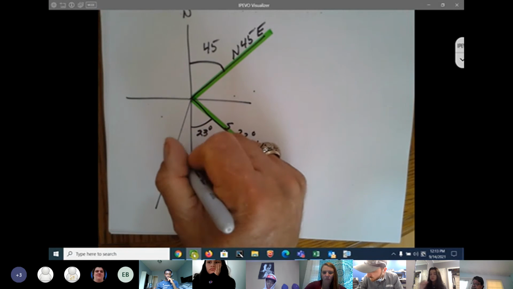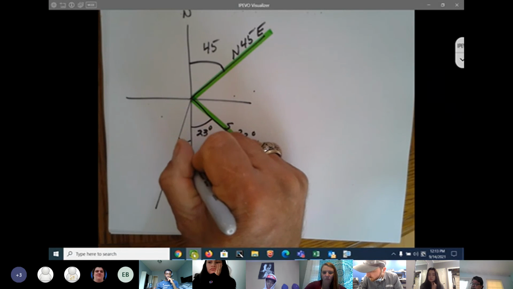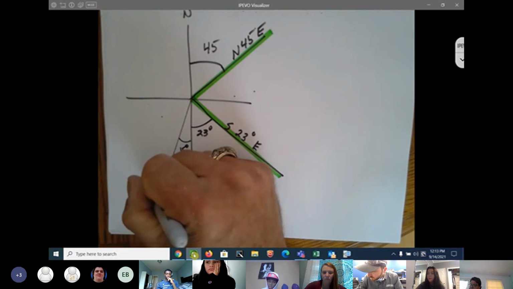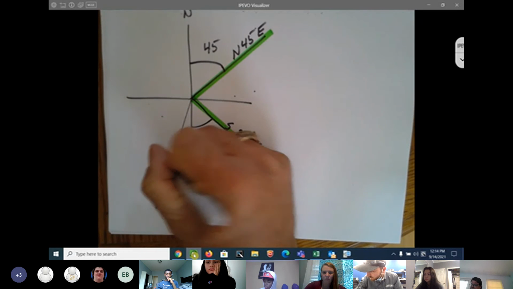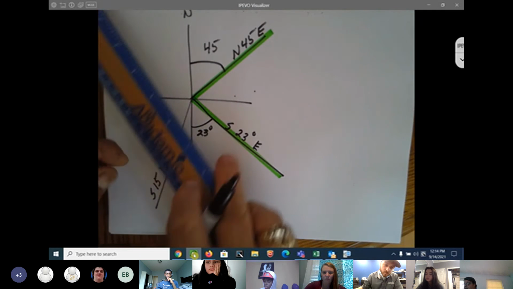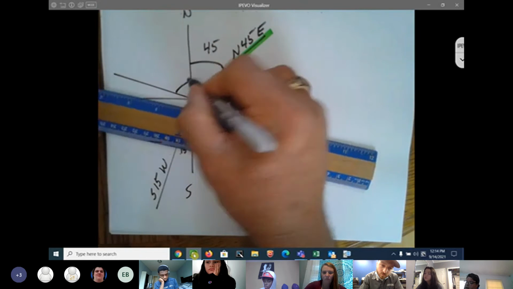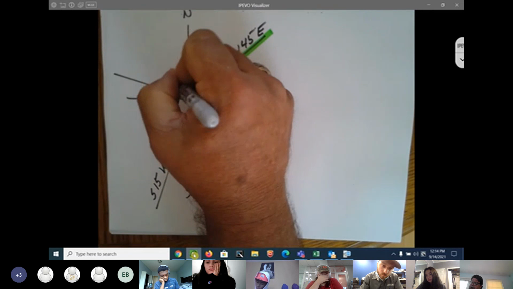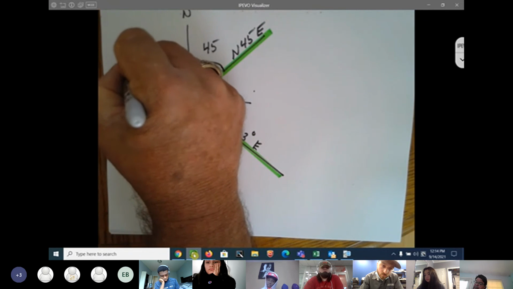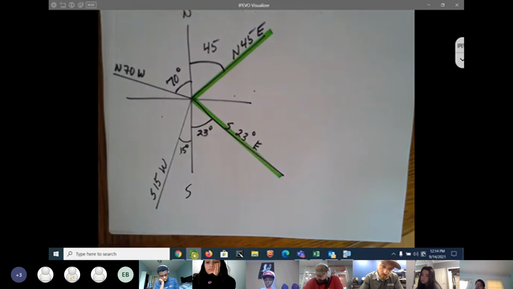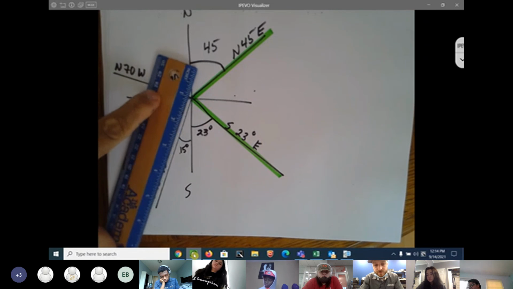Let's say this is 15 degrees. Then that would be south 15 degrees west. This is 70 degrees north, 70 degrees west. So you can do bearings off of north, or you can do bearings off of north and south. And in the real world, they're off of north and south.